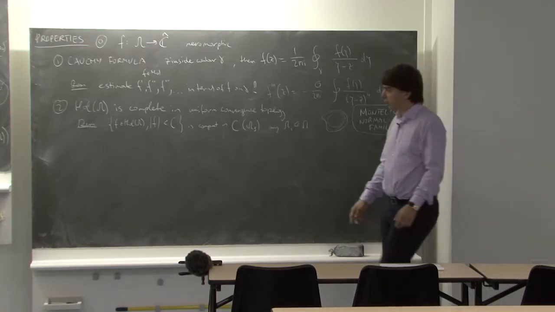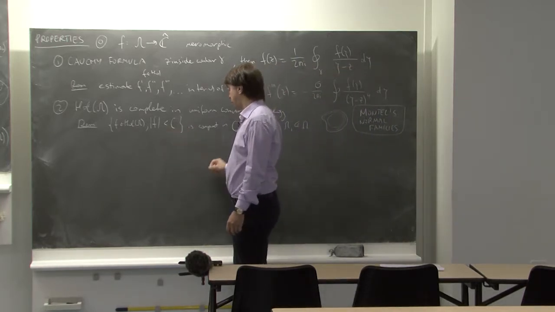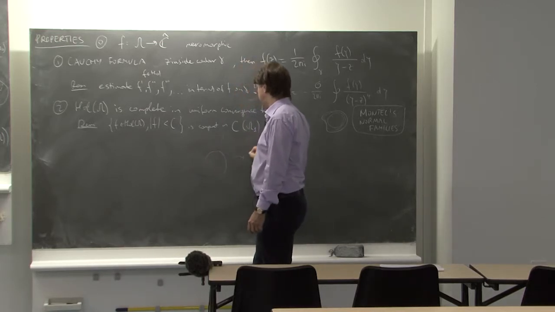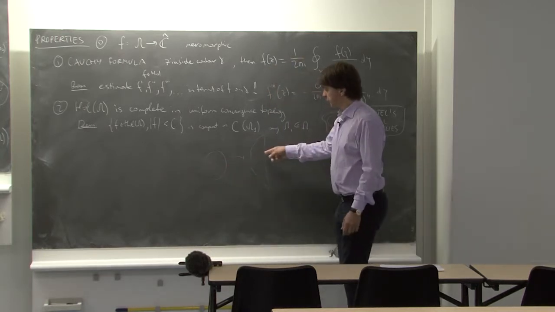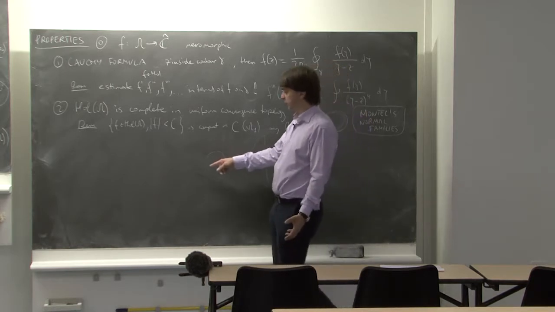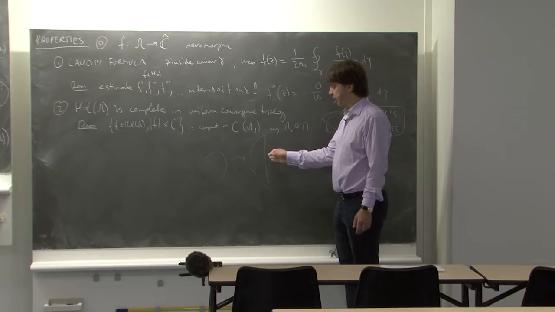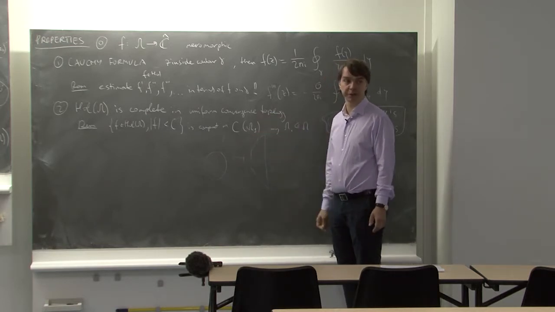But then there are very interesting things because there are conformal maps from a half plane to a disk. So if a function has values in a half plane, then you can get from it a function with values in a disk. So from that you can deduce that if a function has real part bounded, it also gives you compactness.